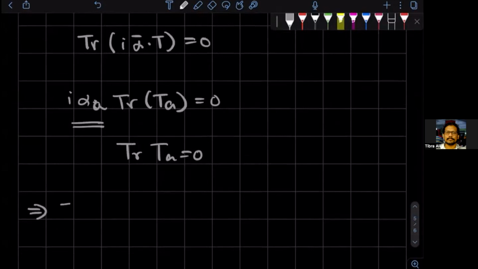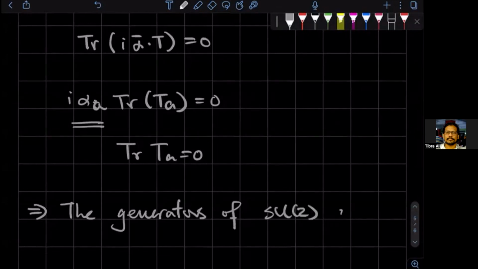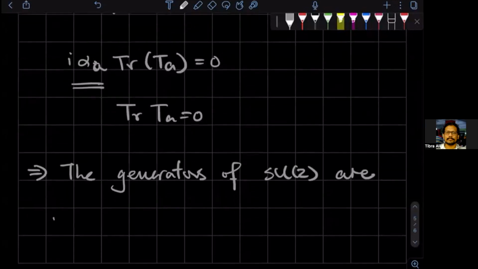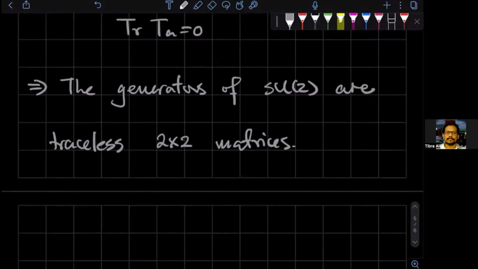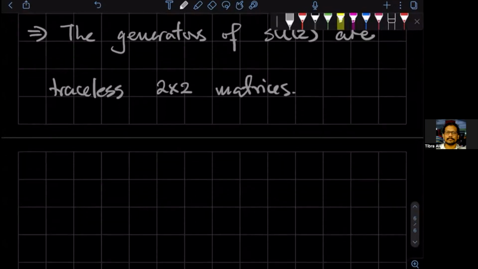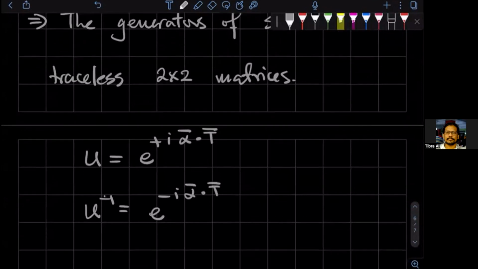So we see that the generators of SU2 are traceless 2x2 matrices. Okay. The other thing we can show is that if U is e to the power plus i alpha dot t, then U inverse must be e to the power minus i alpha dot t, right?